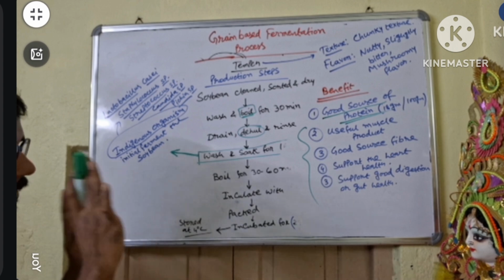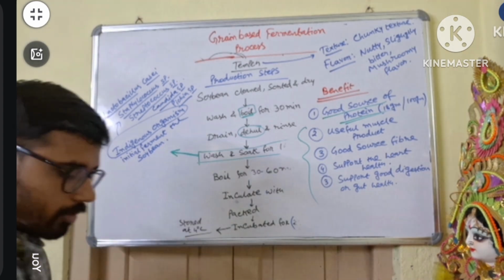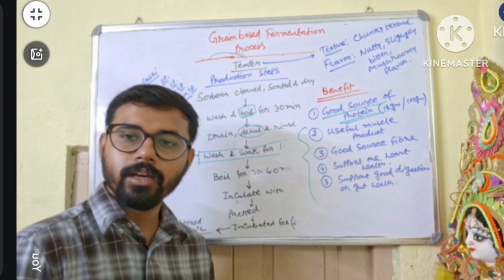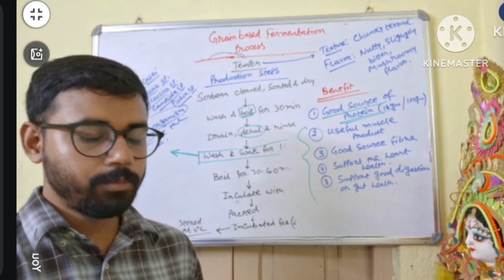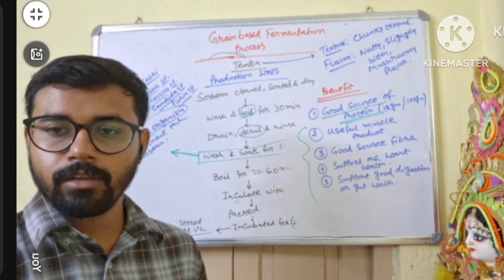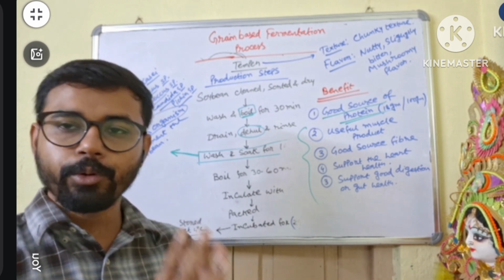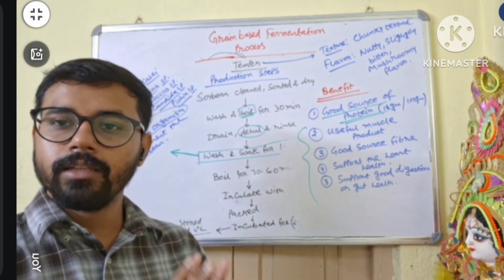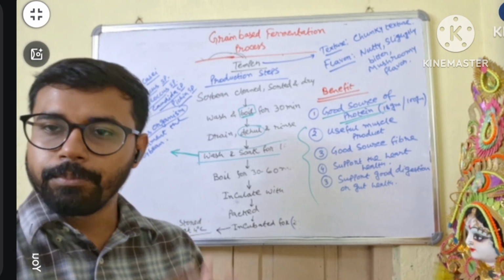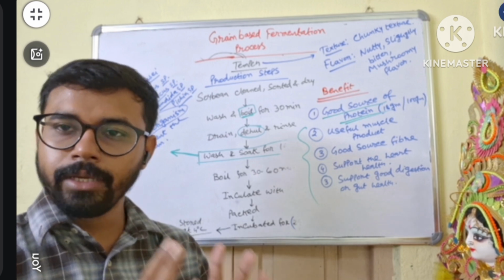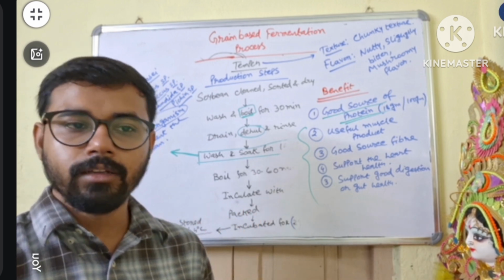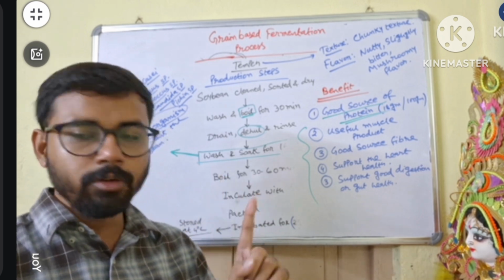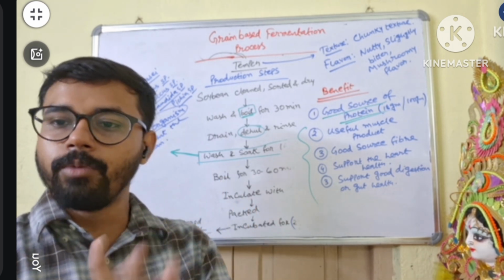That's the optional. The main benefit of tempeh is as a source of protein, because in case of India also, there is protein deficit. Indian people are really protein deficit. Mainly, they consume more carbohydrate and less protein. That's the main problem. ICMR guidelines say that you should consume protein per gram of body weight.